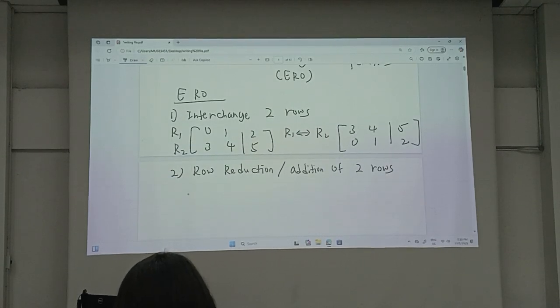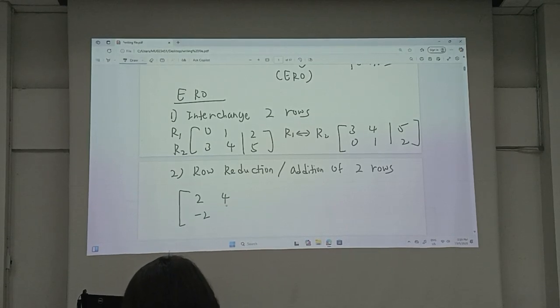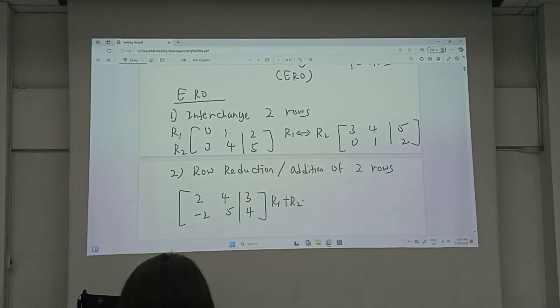Take one example: 2, negative 2, 4, 5, 3, 4. Now we take R1, row number 1, plus row number 2 and produce a new R2.